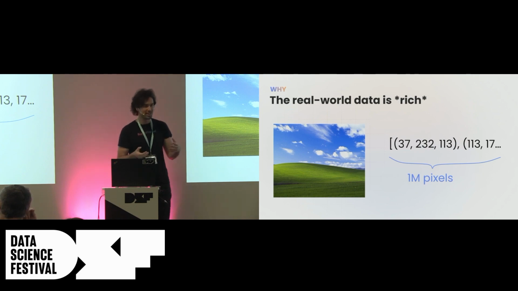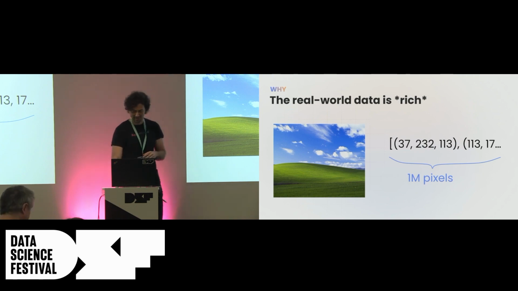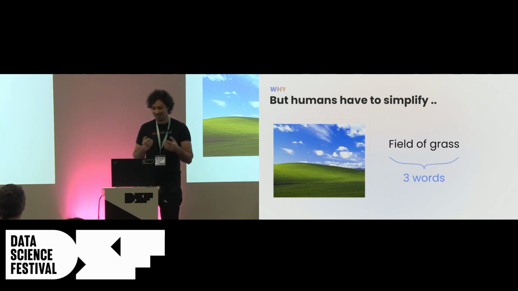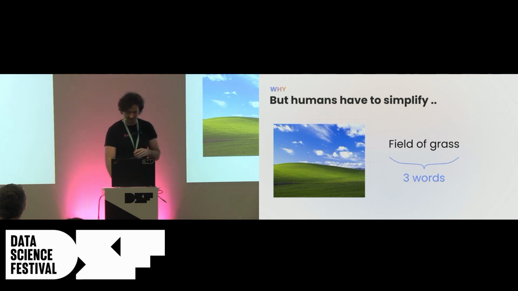And all the data that matters kind of looks like this. But we're humans, and we simplify things, right? And so we invented language, for example, or other structured data, which aims to simplify what we see out there, right? So we can just say, okay, this field of grass, 3 words, super simple.